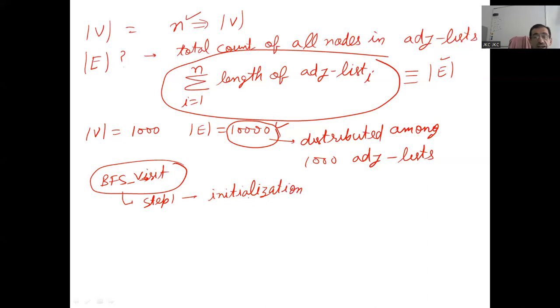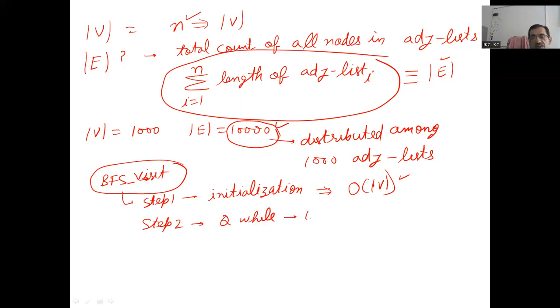I have already said n times, so I can easily claim this is O of n, or indirectly O of V. Later we will see whether O is okay or theta is okay, but for the time being, I can easily say O of n. Then step 2, where I had the Q while loop.